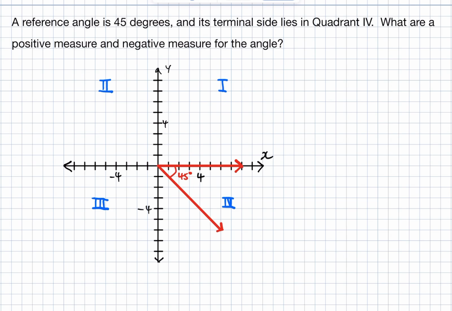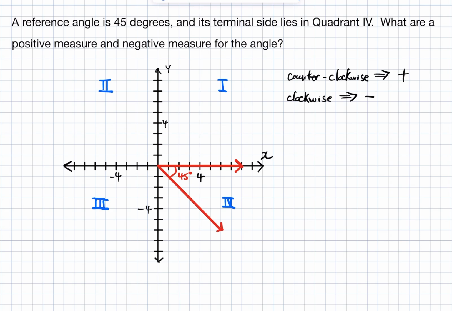If you recall, if we go counterclockwise, we're going to be positive. If we go clockwise, we're going to be negative, okay? So let's just go ahead and write that down. Counterclockwise implies positive, and then clockwise implies negative.